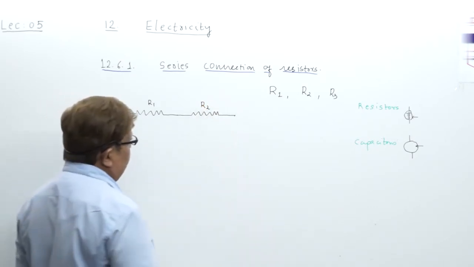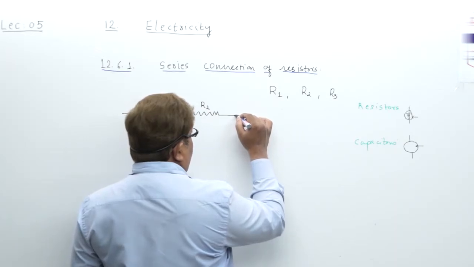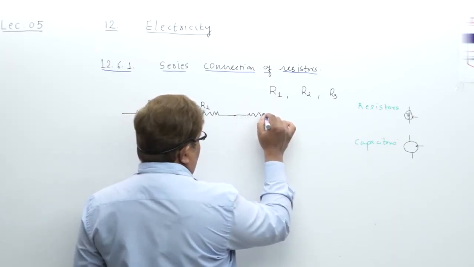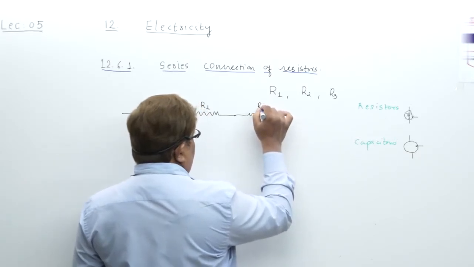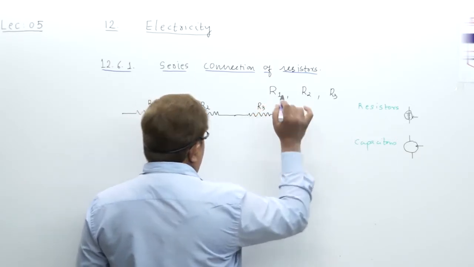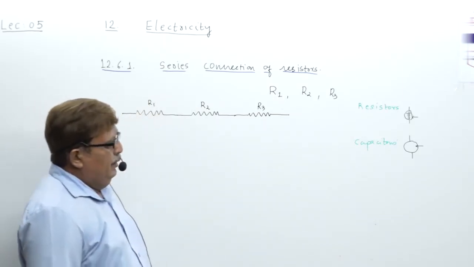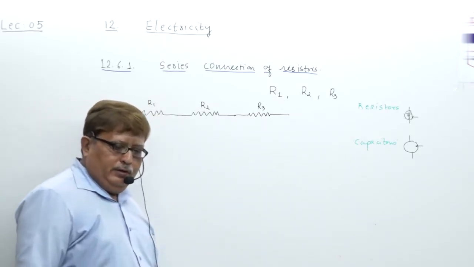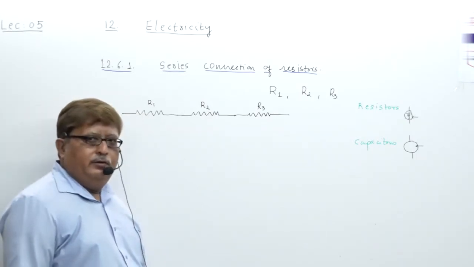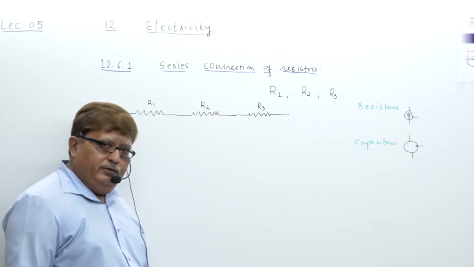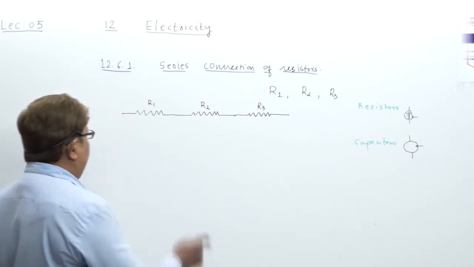Then let us take a third resistor, you can say R3. My dear student, three resistors I am going to connect in series connection: R1, R2 and R3.